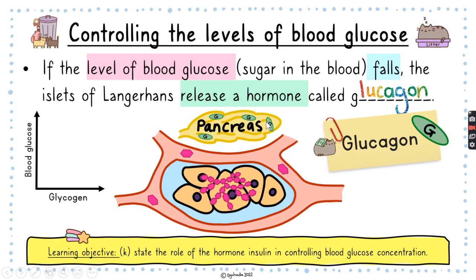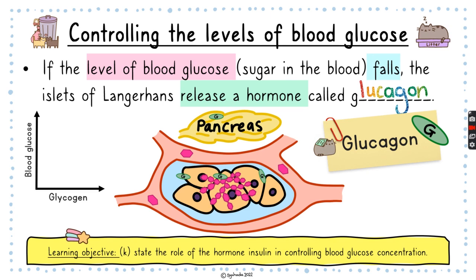Okay, so let's get back to our picture right here. We have little bits of glucose molecules, only a small amount, to represent the fact that we have a fall in blood glucose. So once the pancreas makes glucagon, it's going to release it into the bloodstream, and then that's going to reach the target organs, which are the liver and the muscle cells as well.